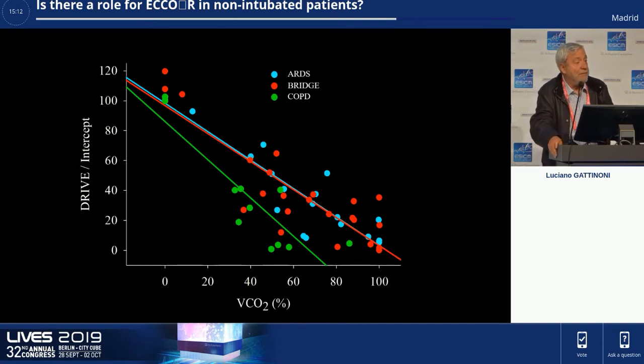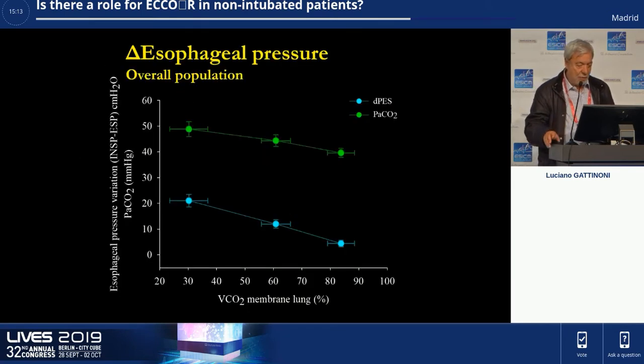The problem is for how long? Because as Laurent showed, if a patient comes with an exacerbation of COPD, put on extracorporeal CO2 removal, perfect. Okay, thank you doctor, see you later, go home, and after 3 weeks come back. What are we doing? Or come back after 2-3 months. So this opens a scenario which is quite impressive.